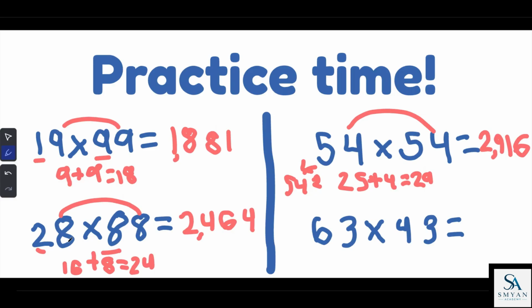Moving on, let's do the next one. So 6 times 4 is going to be 24, plus the 3, which will give us 27. And then the final step is we multiply the back numbers, which will give us 09. Like in my previous video, I always want to mention, if you have a number that is a single digit, like if these were 2s, you'll get the answer of 4 when you multiply.